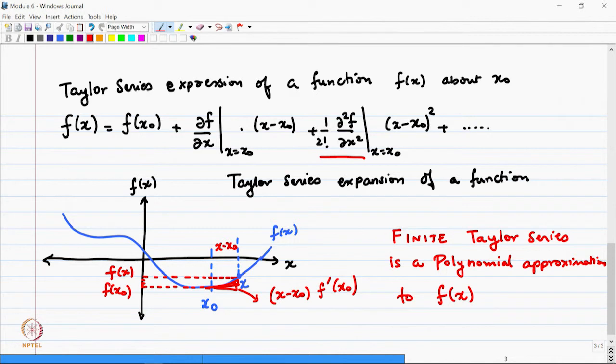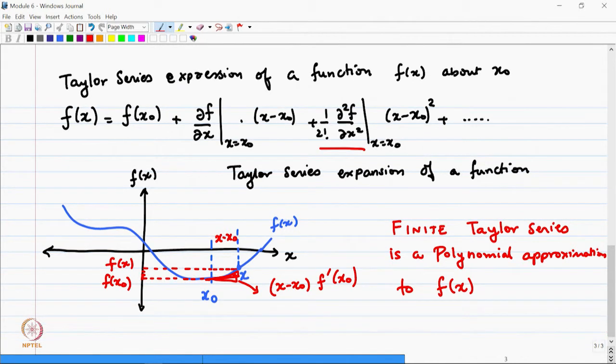So, f of x may or may not be a polynomial. It might have exponentials, sines, logarithms, all kinds of functions, but what you are doing is approximating it by a polynomial. You can also think of it as graphically going closer and closer to the function using various properties of f.